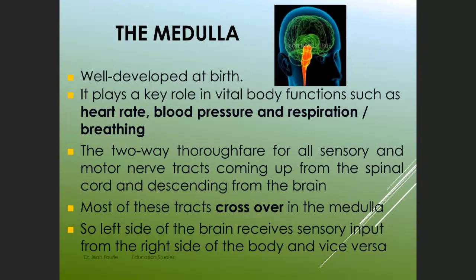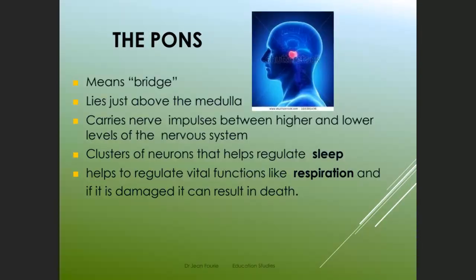The right side of the brain receives sensory input from the left side. So there's a crossover here, and also the motor neurons cross over. So the right side of the body is controlled by the left hemisphere. The left side is controlled by the right hemisphere.